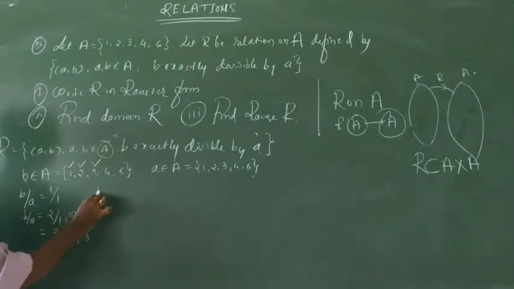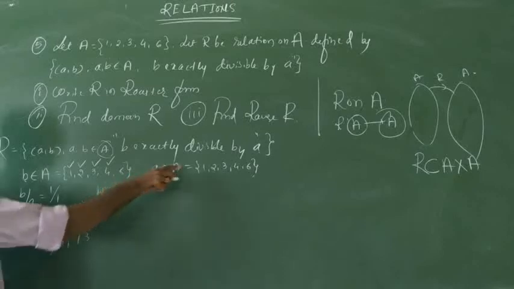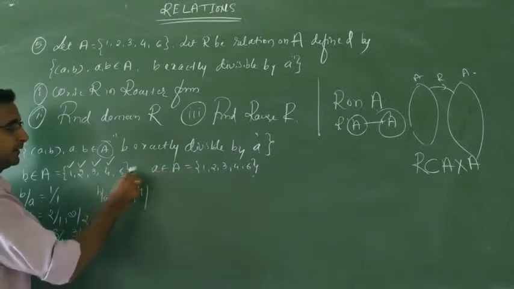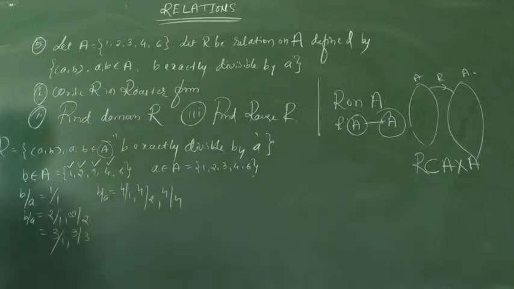Next, when I take b as 4, 4 is exactly divisible by 1, 4 is exactly divisible by 2, and 4 is exactly divisible by 4.